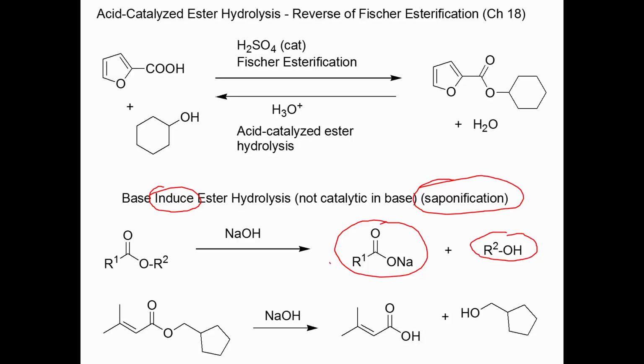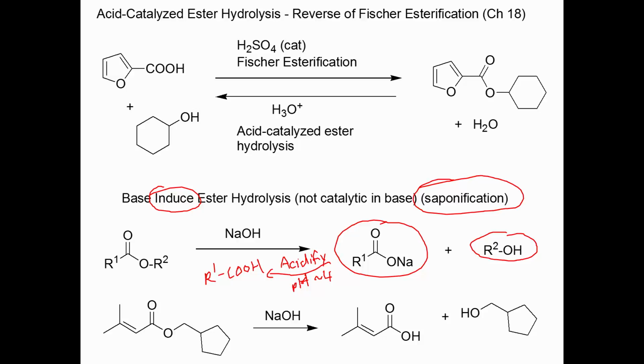Okay, and if you do a pH adjustment, which is just referred to by the word acidify, we usually go down to a pH of about 4. This gives you the carboxylic acid instead of the carboxylate salt.